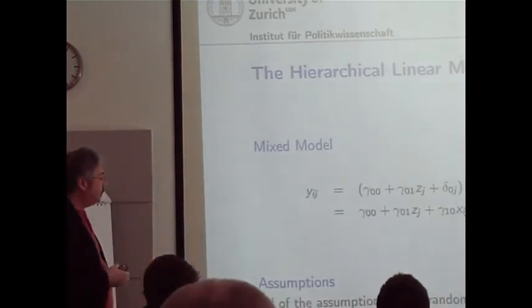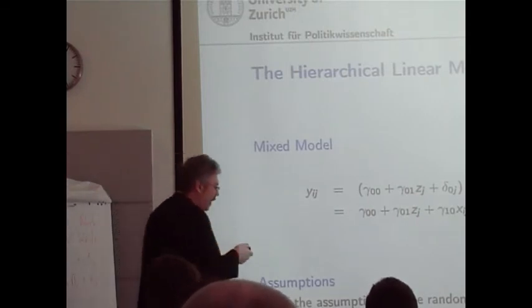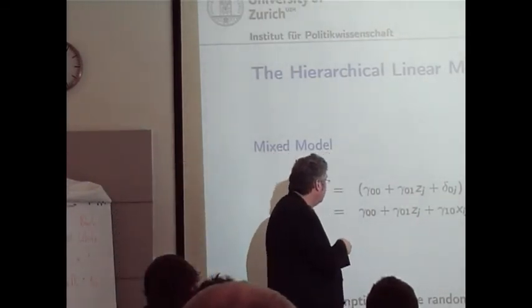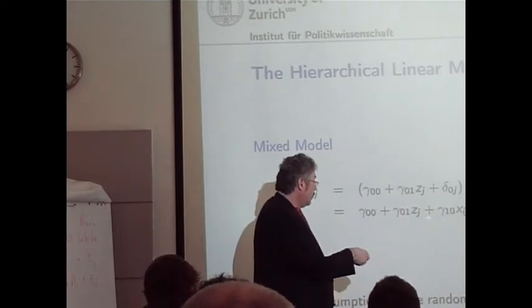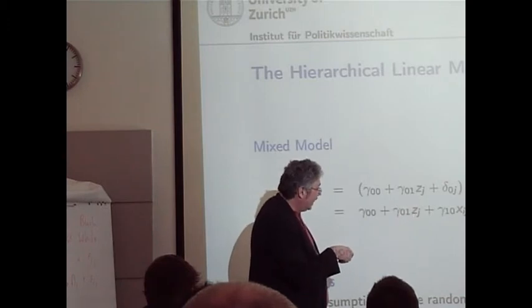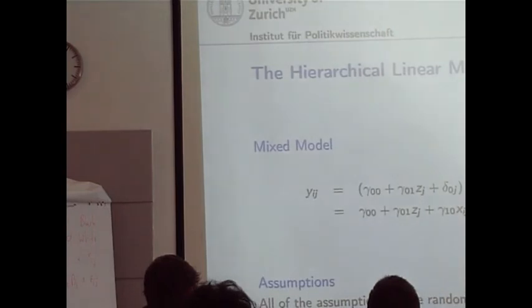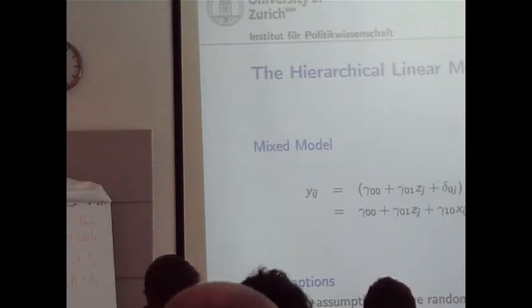If you now substitute that level 2 model into the level 1 model, what you end up with is an equation that looks like this: gamma 0,0 plus gamma 0,1 Zj plus gamma 1,0 times Xij plus gamma 1,1 Zj times Xij, which you should read as a multiple, plus delta 0j plus delta 1j Xij plus epsilon ij.